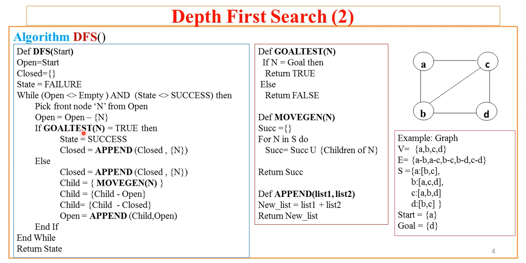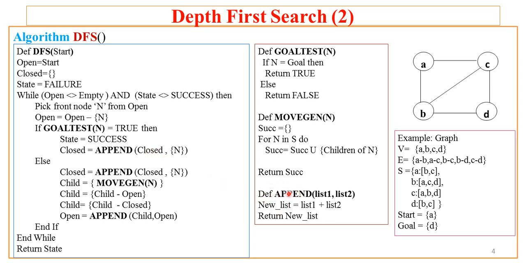If the test condition is true, then it will update the status that the goal node has been found. So the state is success, and it will append the current node to the closed list. How does this append work? The append algorithm takes two arguments, list 1 and list 2. Let us focus on the append algorithm.